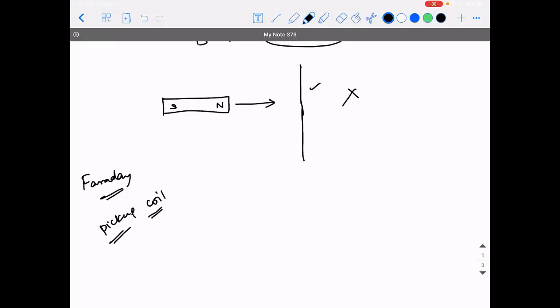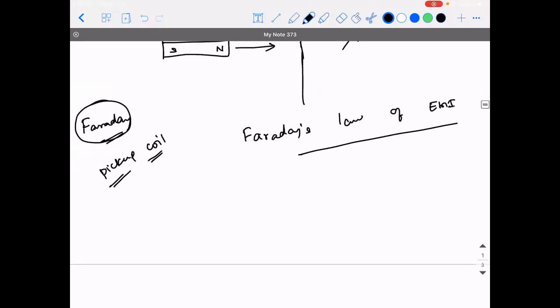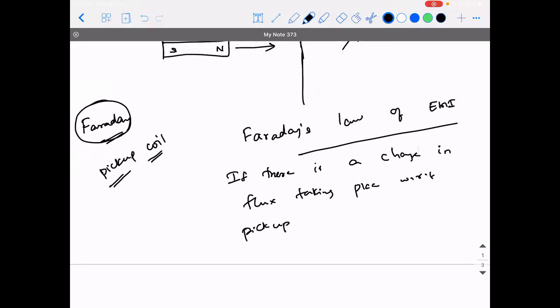Faraday stated something like this. Faraday's law of electromagnetic induction says that if there is a change in flux taking place with respect to the pickup coil, what will happen?